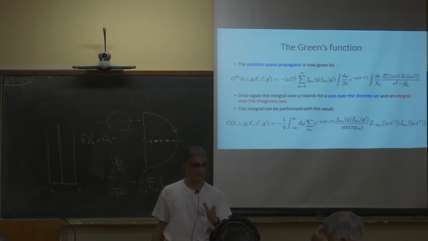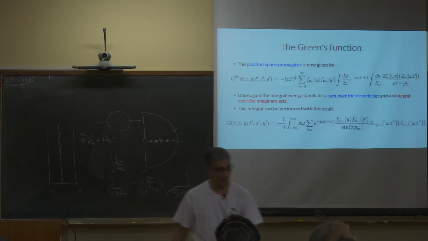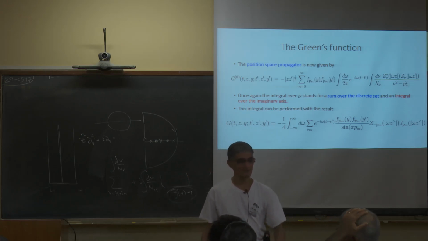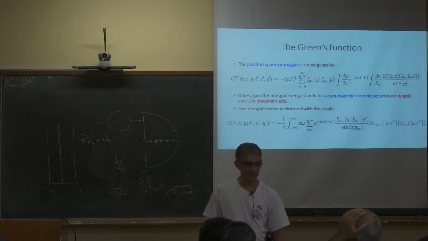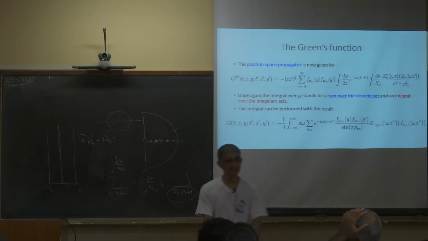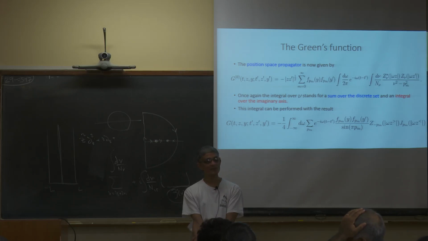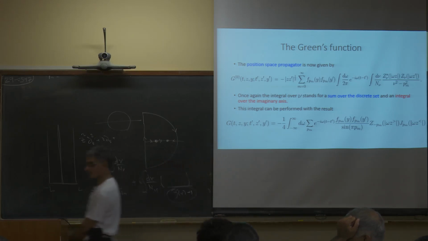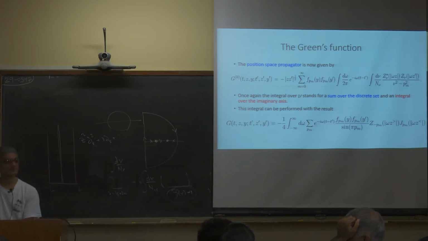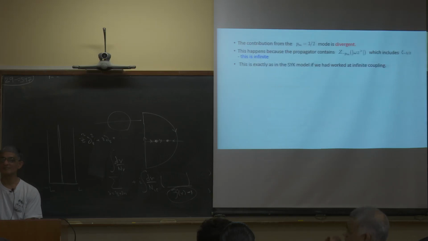If you want to pick a complete set of modes, it wouldn't happen. Okay, now I understand it. It is strange. But this is what you get, and this is what the SYK answer is also.